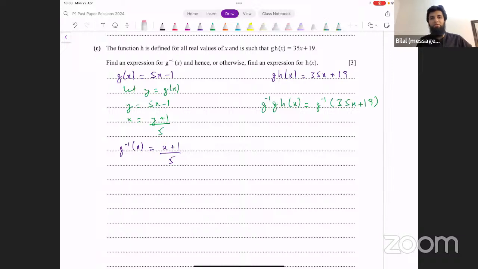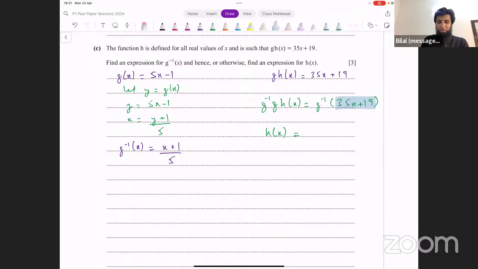And since it's an equation, we have to do that on the right side as well. Now g inverse of g, they cancel each other's effect, right? They're inverse functions. On the left side, we're just left with h of x. So we have h of x equal to g inverse of 35x plus 19.